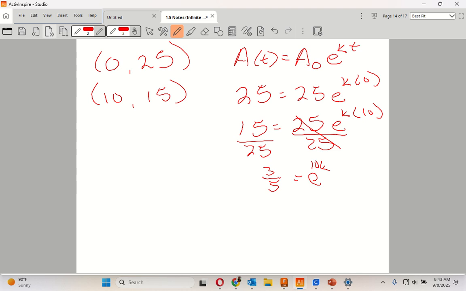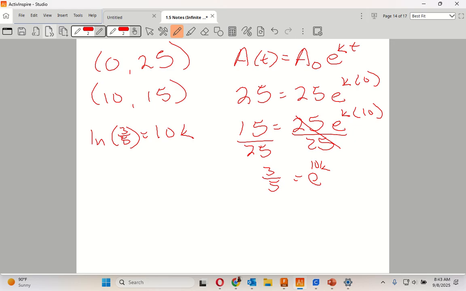And I'm going to ln both sides. By lnning, what is going to happen to my e? It's going to cancel my e, right? So if I ln both sides, I'm going to have ln of 3 over 5 is equal to 10k.